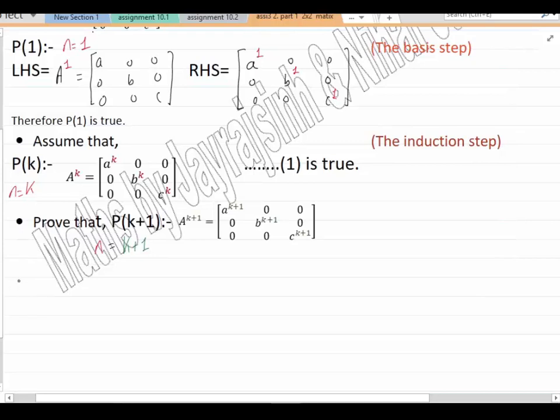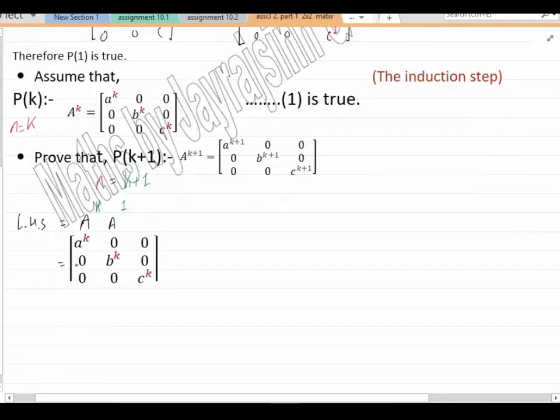In the left hand side we have A raised to k plus 1, or we can split it into A raised to k into A raised to 1, right? Okay, let's put the value of A raised to k from the first equation, which is the matrix a raised to k, 0, 0, 0, b raised to k, 0 and 0, 0, c raised to k.